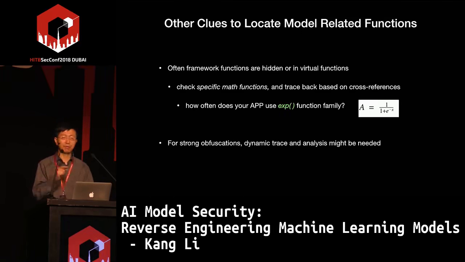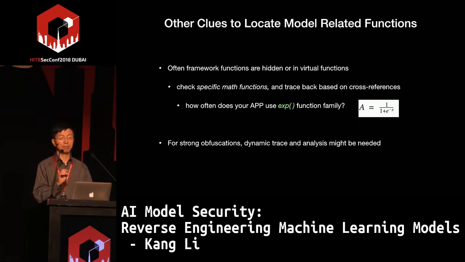So if you locate some of these key mathematical functions and traverse back, you can easily locate the framework functions, and then you have a good chance of knowing where the model is being loaded. Basically, for all the applications we looked at up to this stage, using what I just mentioned, we can locate pretty much all the model files.